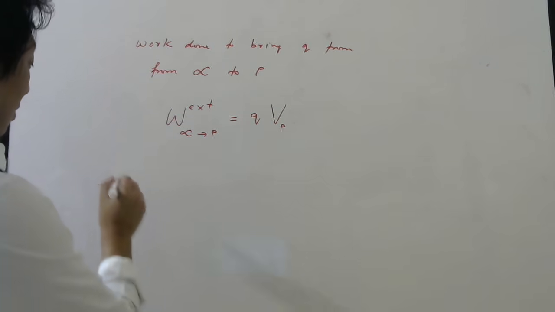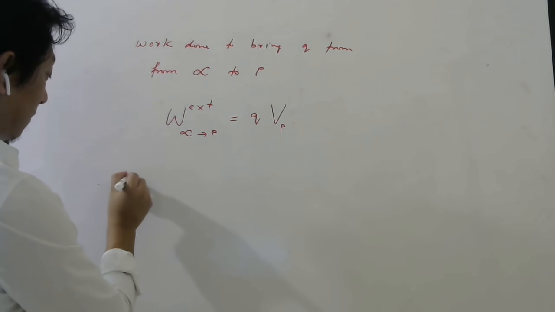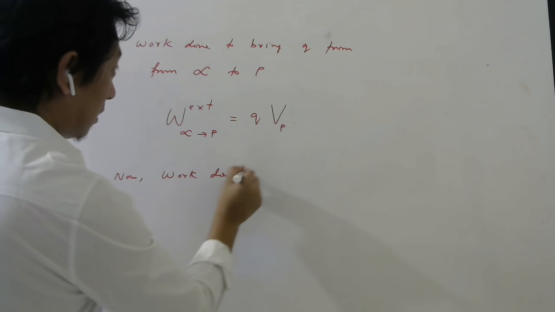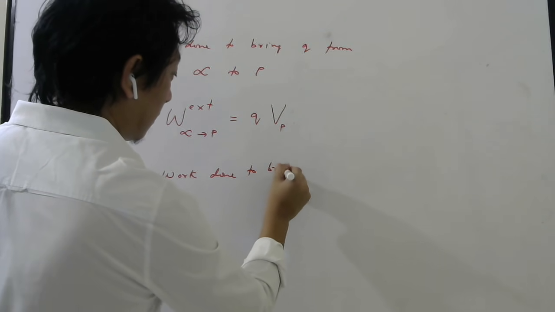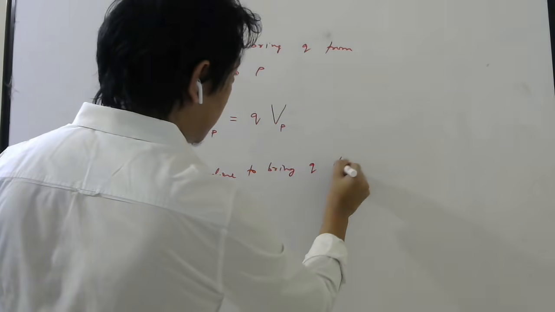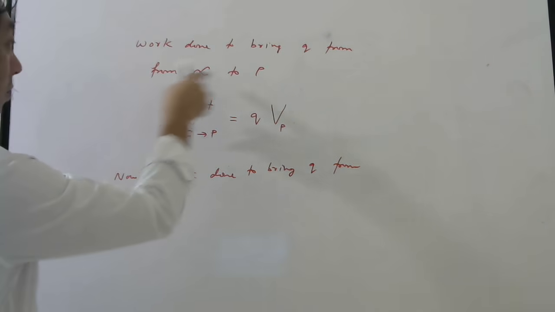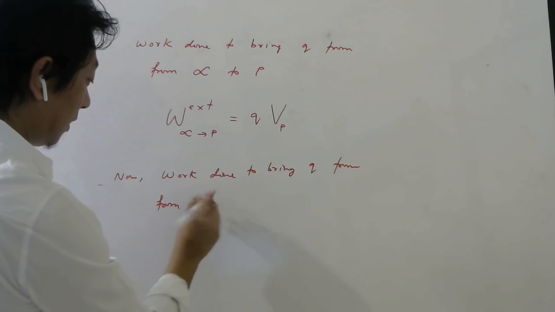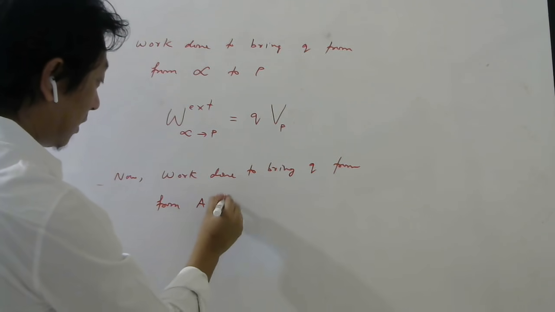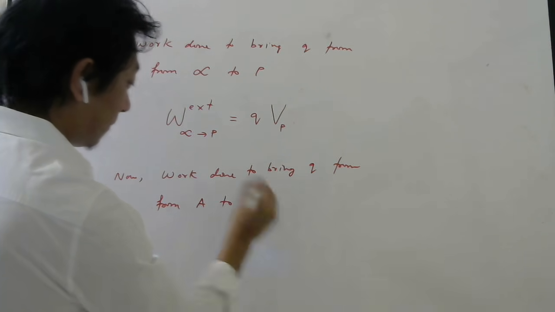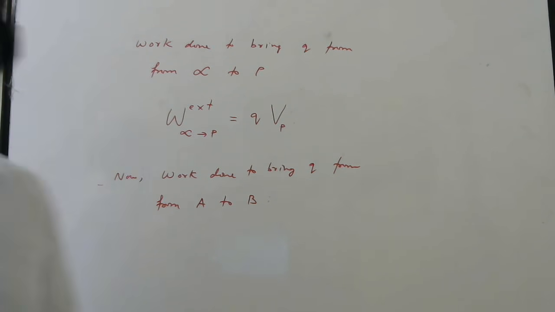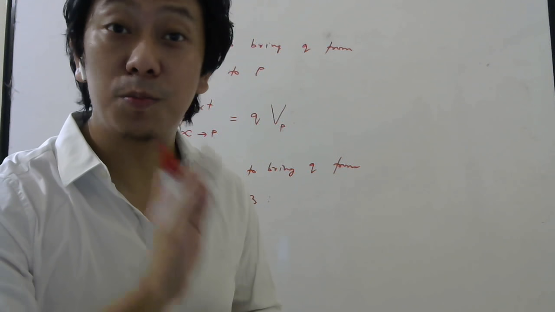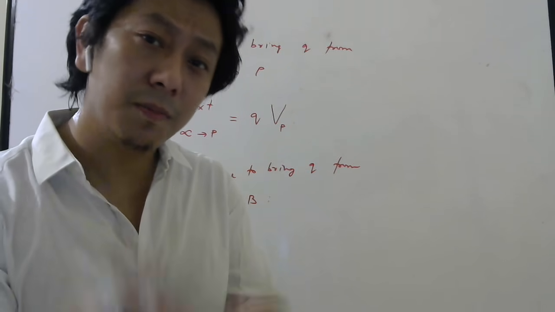Now, listen carefully. Suppose I ask the work done to bring q charge not from infinity to P, but from some point A to B. So now I am not asking what is the work done to bring the charge from infinity to point P. I am saying from some point to some point.